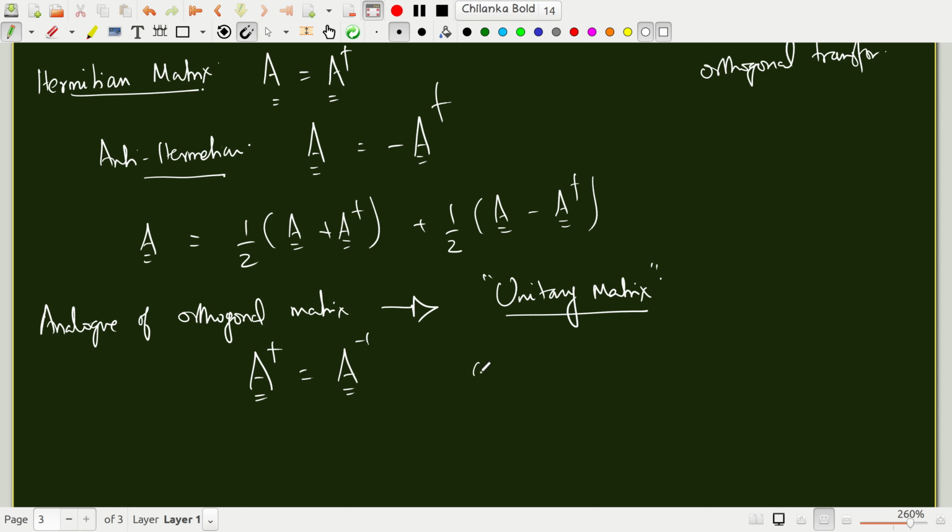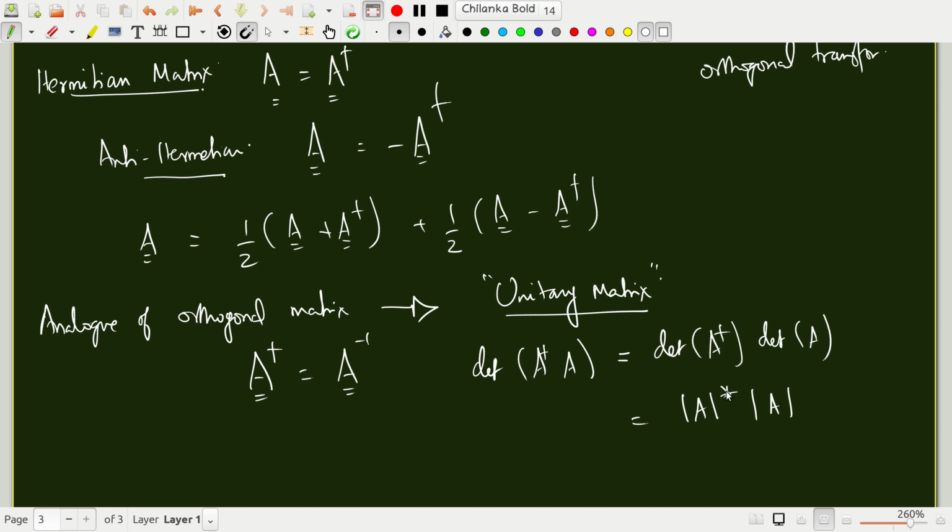And we can show that the determinant of A dagger A is equal to the determinant of A dagger times the determinant of A. Now the determinant of A dagger is nothing but the determinant of A whole star, the complex conjugate of the determinant.